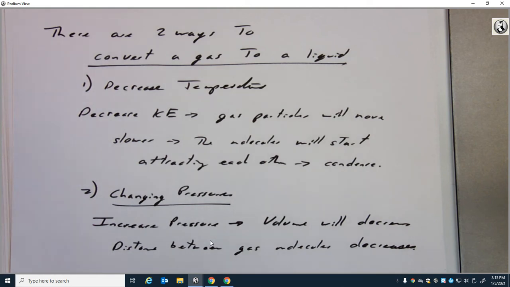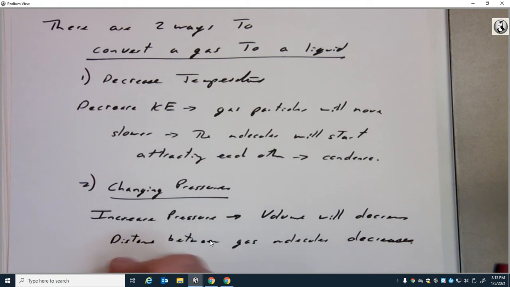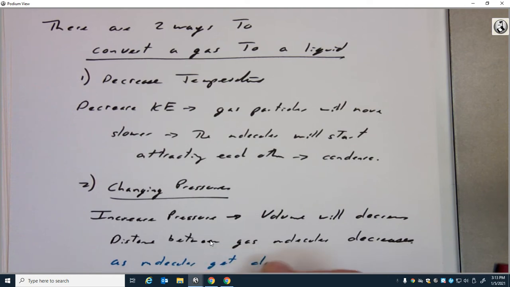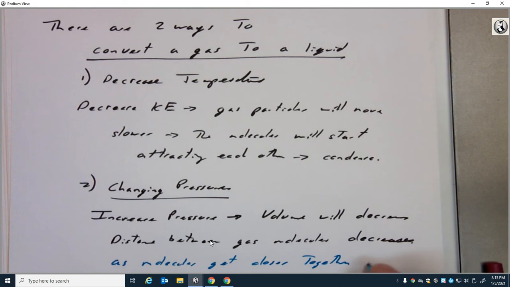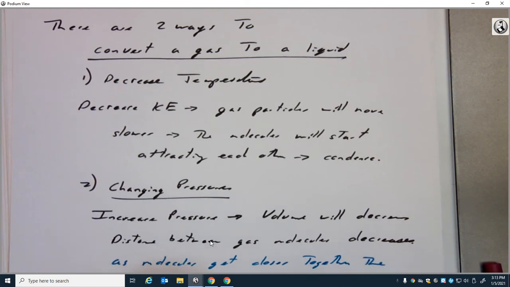Now, as we force those gas particles closer together, eventually those intermolecular forces start working. As molecules get closer together, the intermolecular forces, the IMFs, kick in.